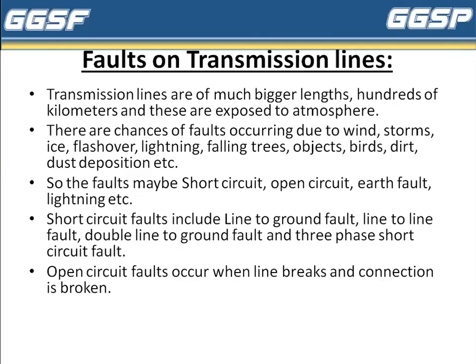Short circuit faults include line to ground fault, line to line fault, double line to ground fault, and three phase short circuit faults. Open circuit faults occur when line breaks and connection is broken.